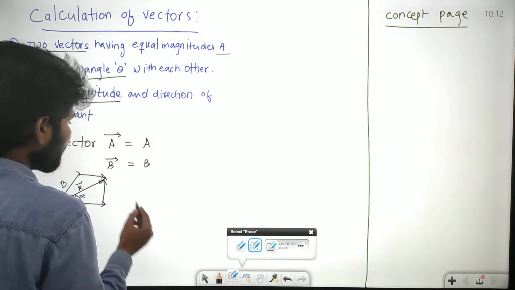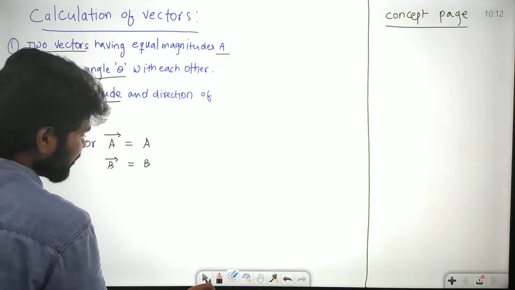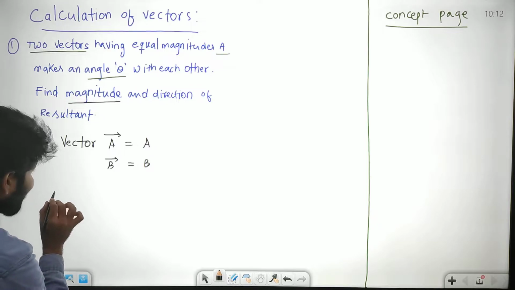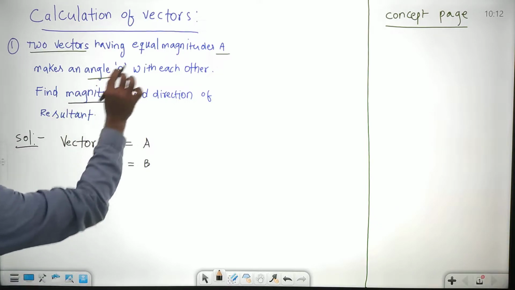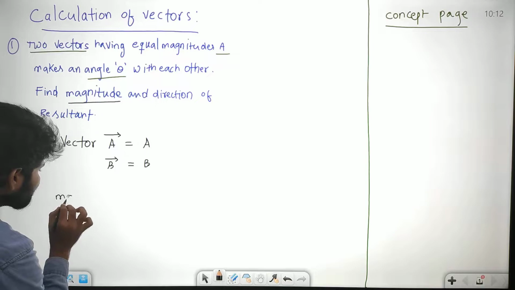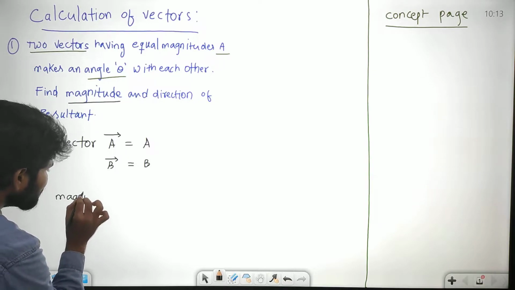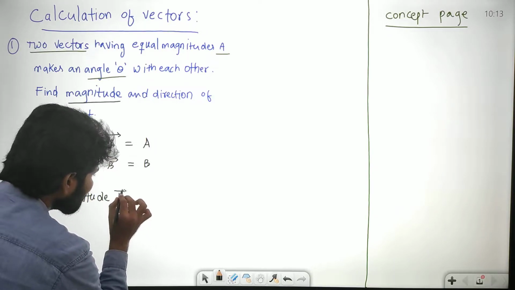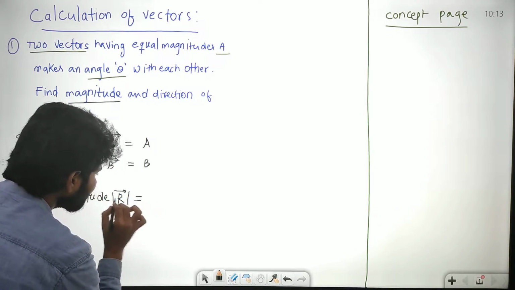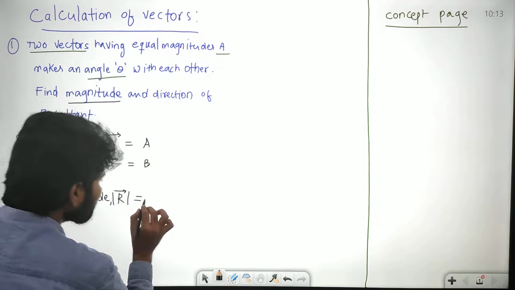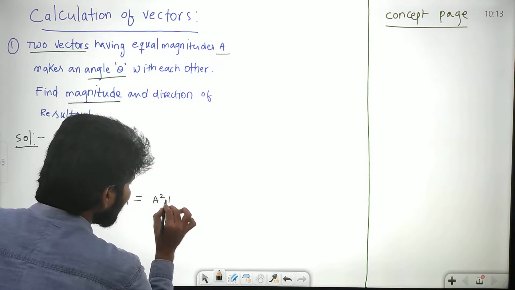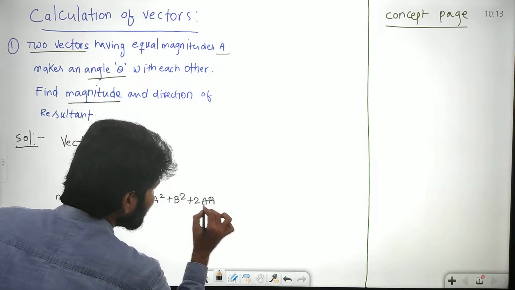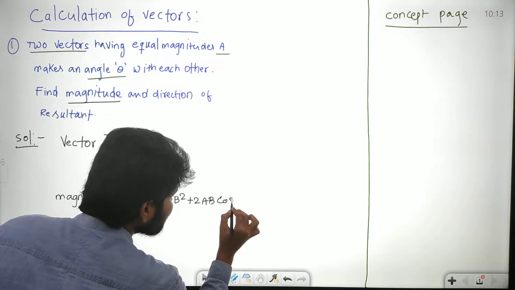Okay, so what did we learn from our previous discussion? What is the formula for the resultant magnitude? It is given by the square root of a square plus b square plus 2ab cos theta.